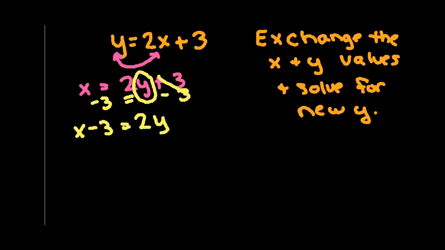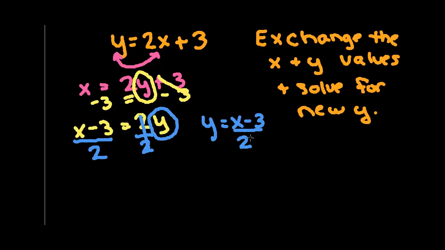Now I need to make that 2 go away because I am still trying to isolate the y. Since the 2 is multiplied times the y, to make it go away I divide by 2. So I divide both sides by 2. This gives me the equation y equals x minus 3 over 2.